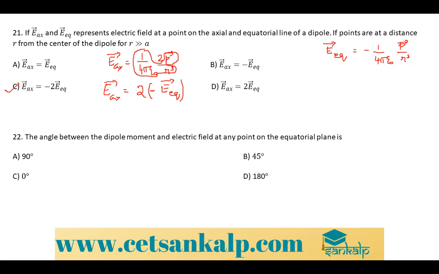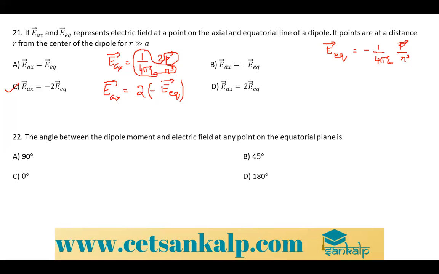Clear? Right. Next up. The angle between the dipole moment and electric field at any point on the equatorial plane is. As you know, the direction of the electric field at any point on the equatorial line is opposite to the dipole moment. It is always opposite, right?